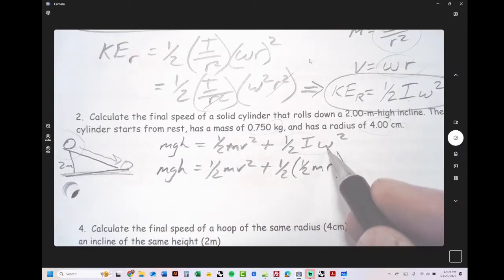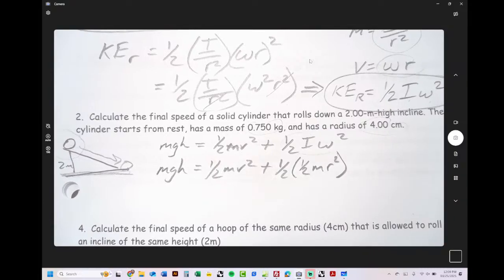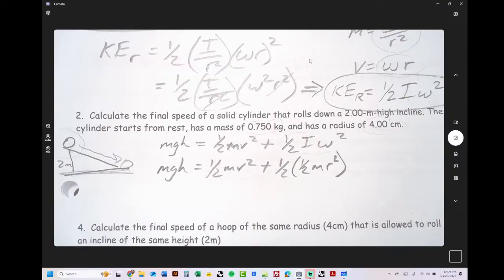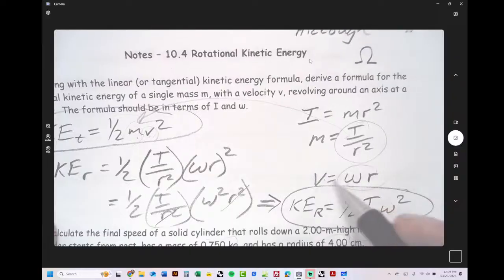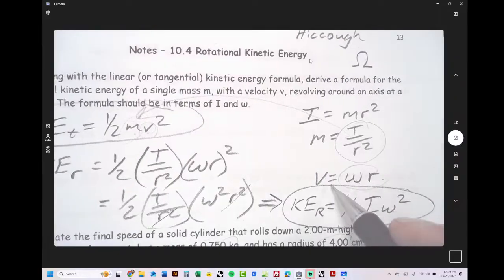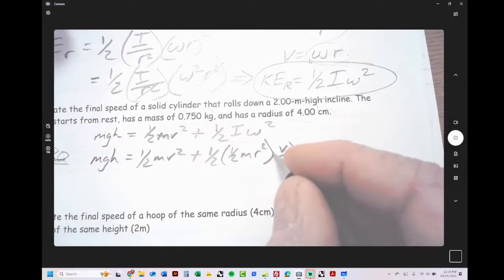And omega, these are all v's, so we need to get rid of the omega. So what do I substitute? What multiple of v do I put in here? Omega would equal v over r. Yeah. So if v equals omega r, then omega is v over r. So this is going to be v over r squared.